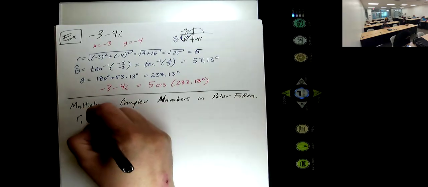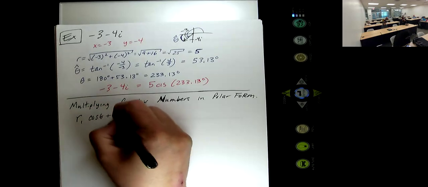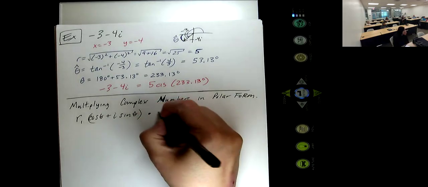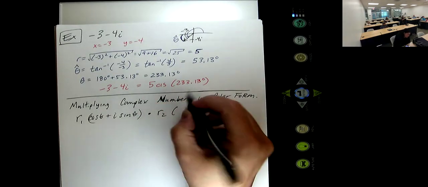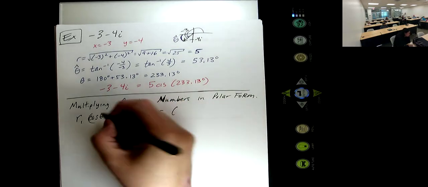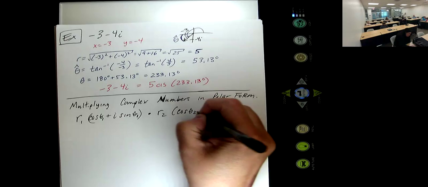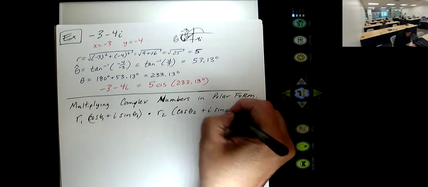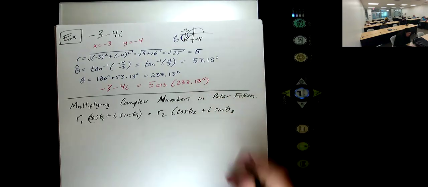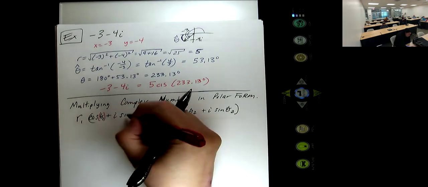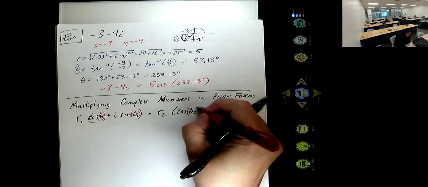If we have R1 (cosine theta plus i sine theta), let's call it theta 1 on this one, times R2 (cosine theta 2 plus i sine theta 2), and maybe I should put those in parentheses like a good little math teacher.